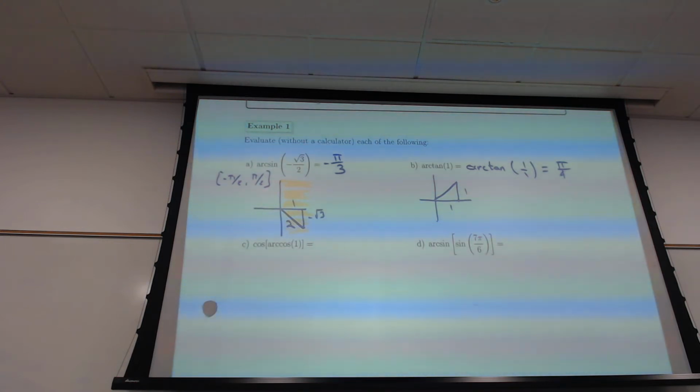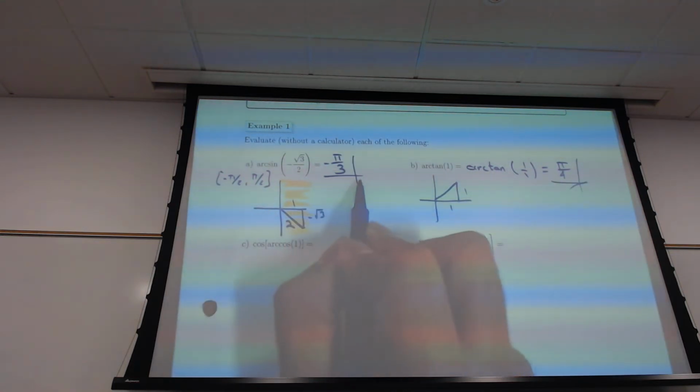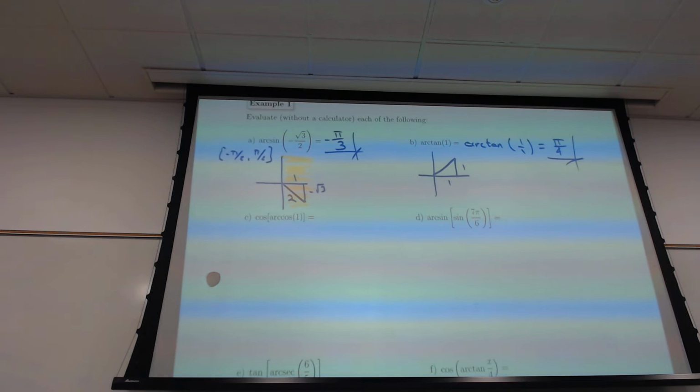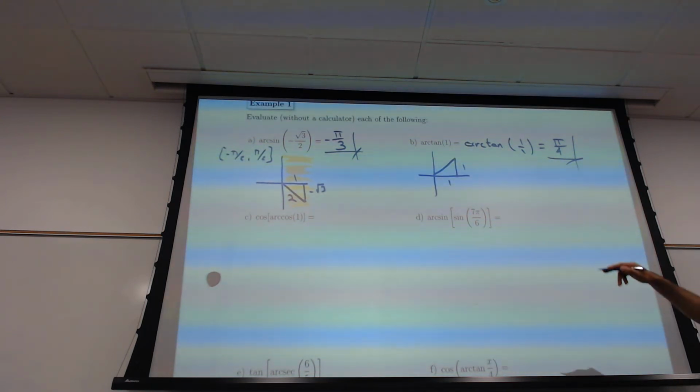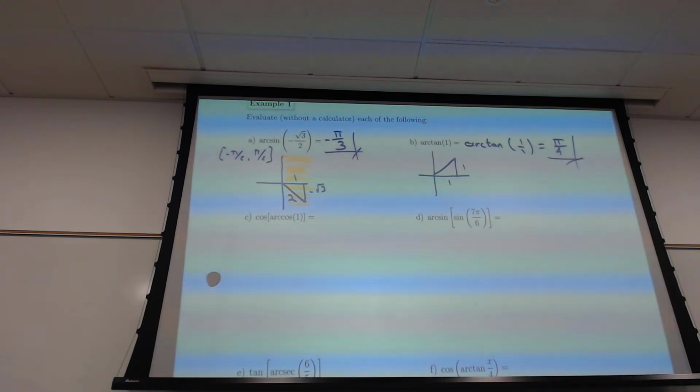So again, you can play with these values. We're going to use these when we're evaluating definite integrals. We'll see how they come up. All right, so let's look at the next one. For letters C and D, what do we have this time? We have compositions of functions: cosine of arccosine, and arcsine of sine.